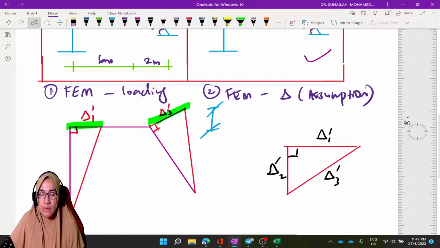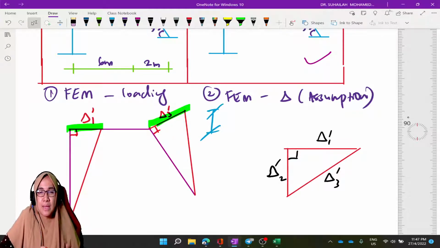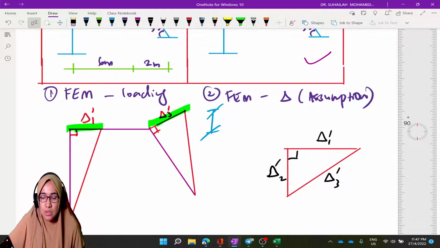what we need to do is understand the concept of sidesway frame. Under sidesway frame, what is most important is that whenever we want to identify the delta, we must make sure the delta is perpendicular to the member. And we mark the delta for the column only, because the beam always follows wherever the column moves.